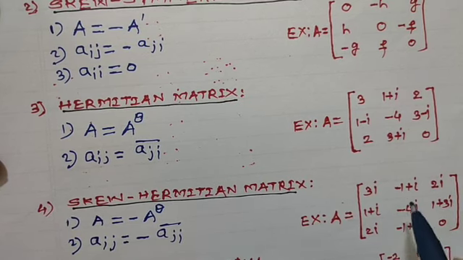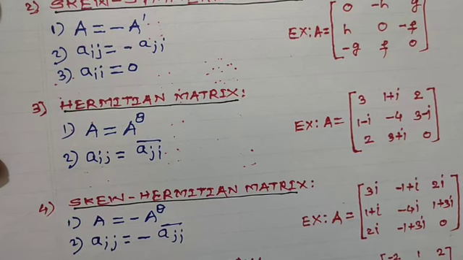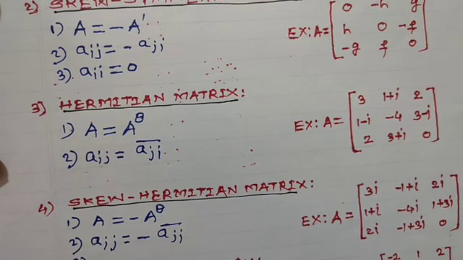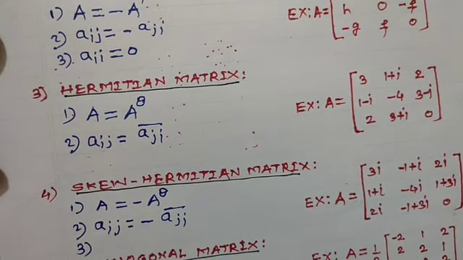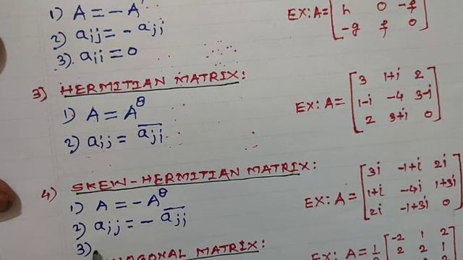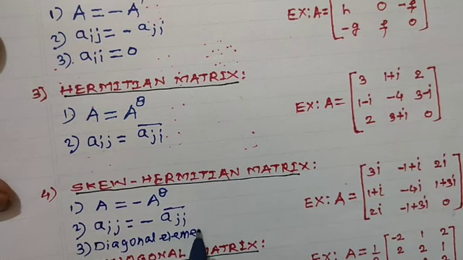Okay, and one more condition is there, that is the third condition, on the diagonal elements of the skew Hermitian matrix. Diagonal elements are either 0 or purely imaginary numbers. Diagonal elements are purely imaginary or 0.